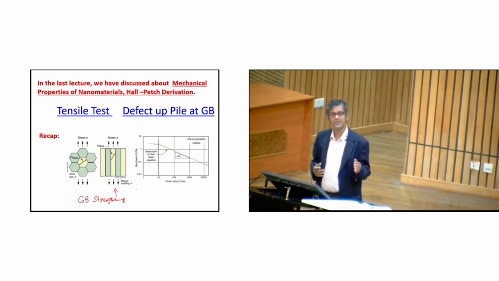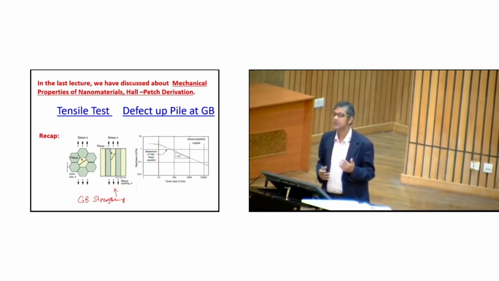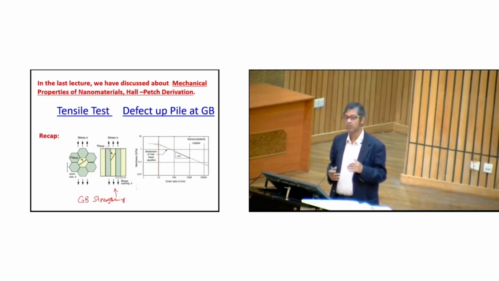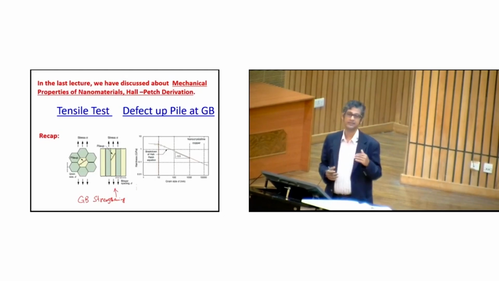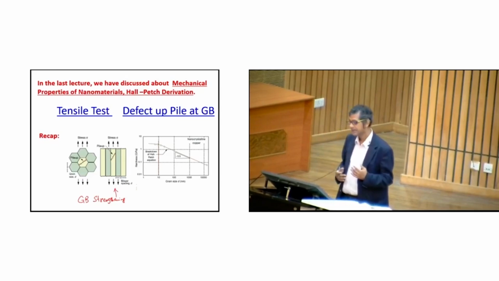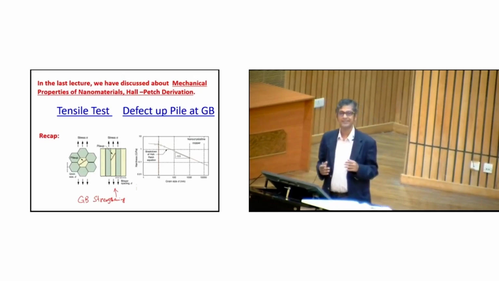And what you see is rather an opposite effect. What is that? We do see grain boundaries acting as a softening agent for the material. What does it mean? That means if you reduce the grain size to a very small one, grain boundaries can no longer be used as a strengthening agent, but the material strength will go down.